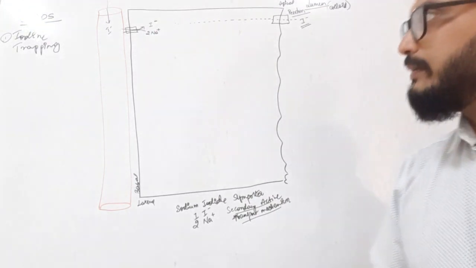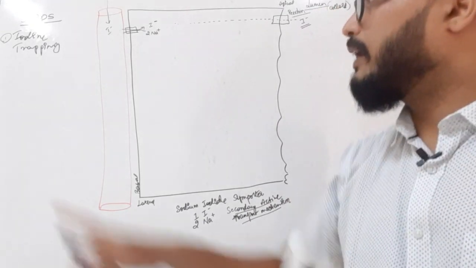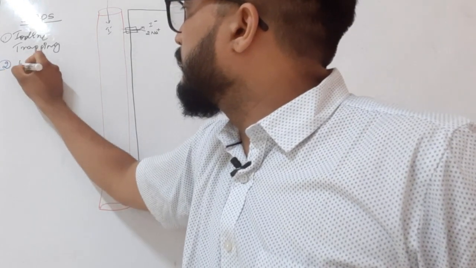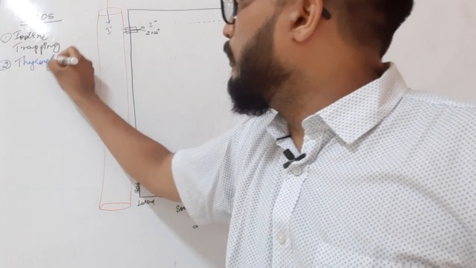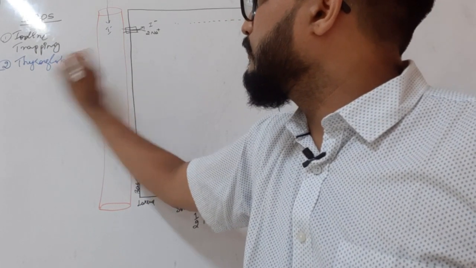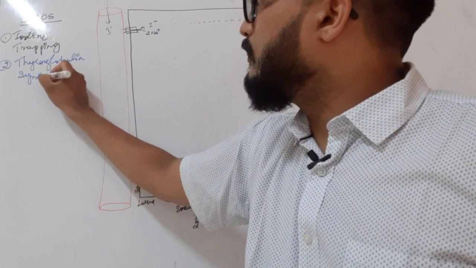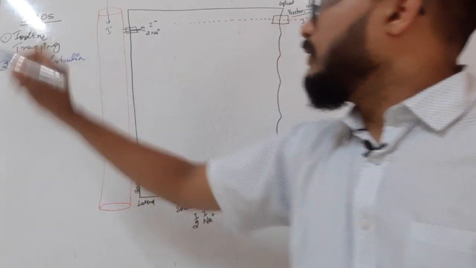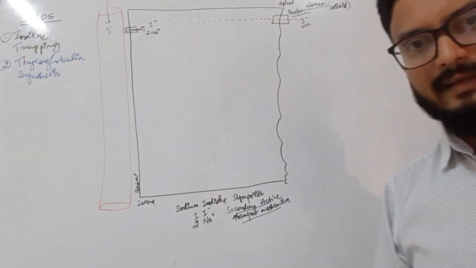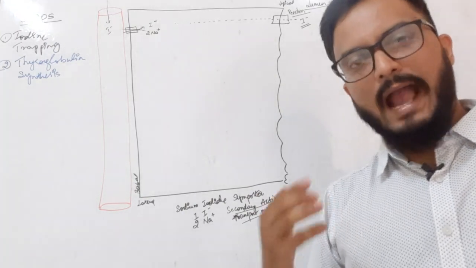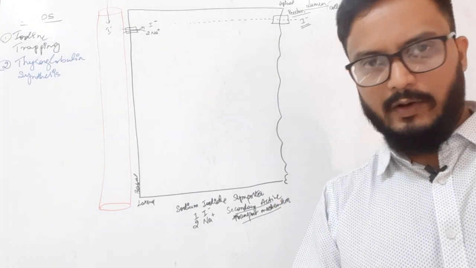The second step involved in thyroid hormone synthesis is thyroglobulin synthesis. Thyroglobulin is a glycoprotein which forms the backbone for the production of the thyroid hormones.